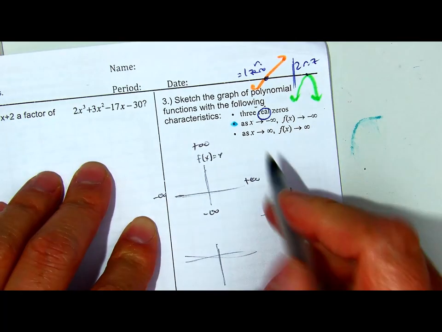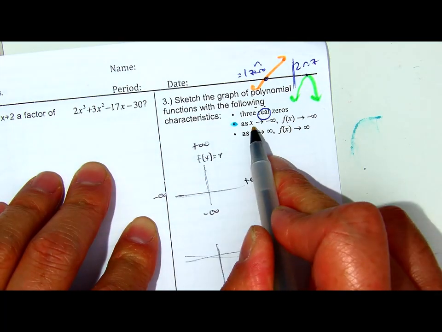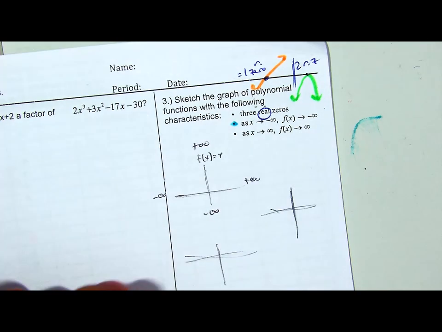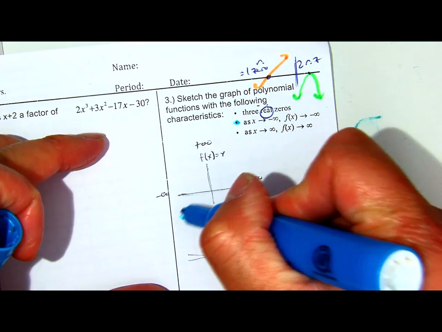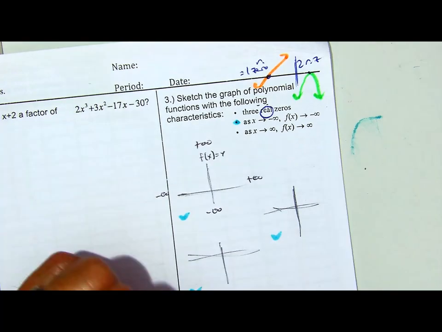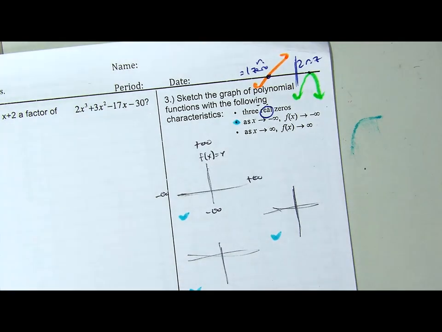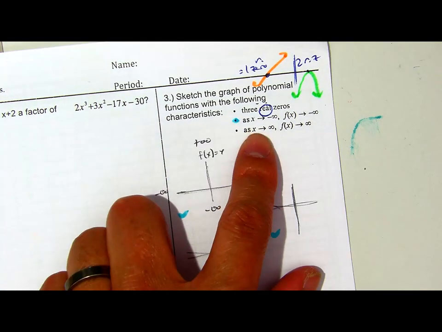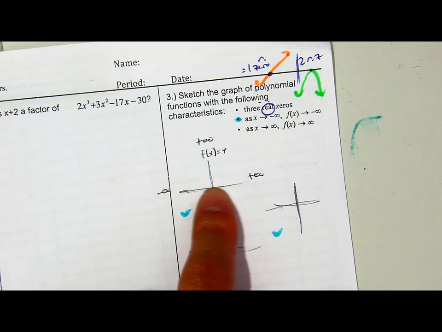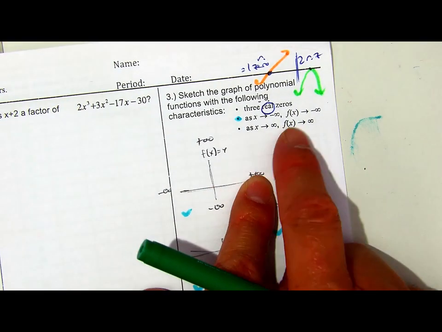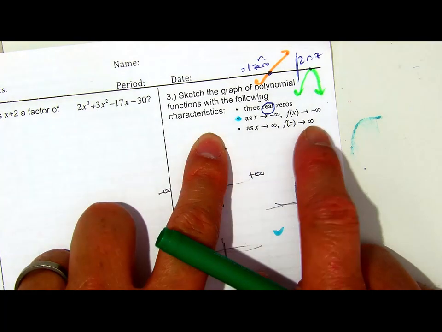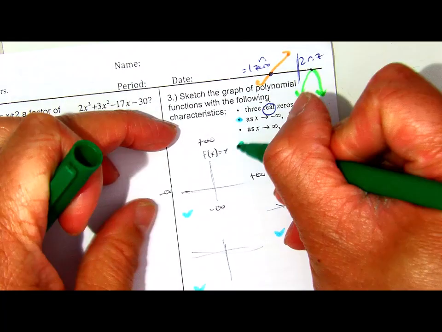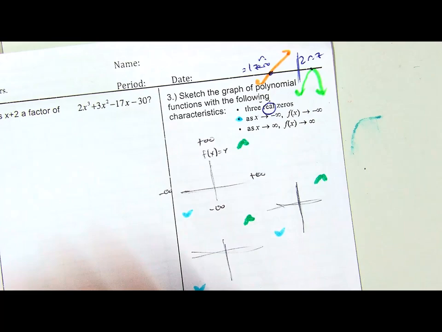So this first one is saying as you go towards the left, the graph should be going down. As x approaches positive infinity, so as you go towards the right on the x-axis, the f of x values will go up. So all your graphs should look like this so far.